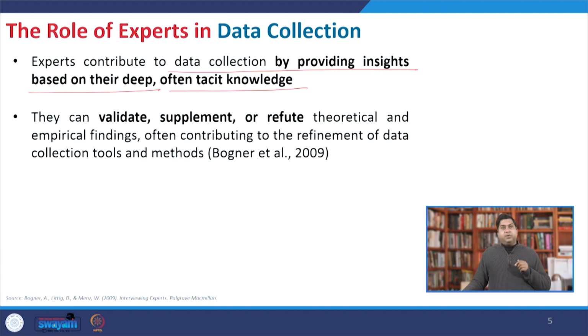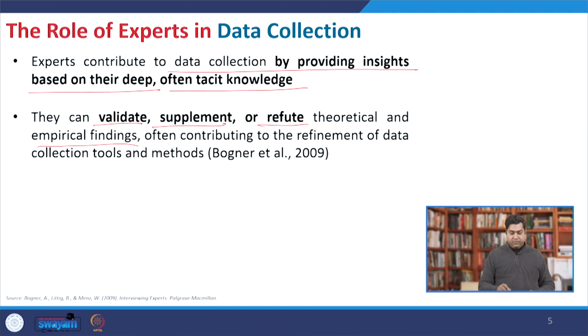If you take that input as some kind of insight to quantify certain information or prioritize information, that may also help you. They can validate, they can supplement, or they can also refute the theoretical and empirical findings. It is not always that they will be in your favor or validate whatever you are doing. They may have a rebuttal or a counter argument, which is also good at the initial stage to rectify.